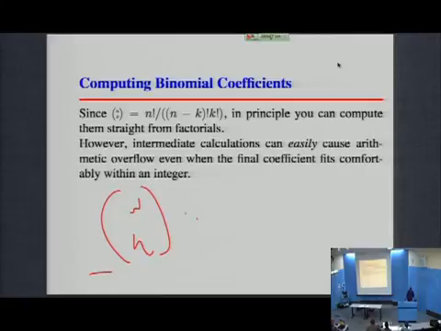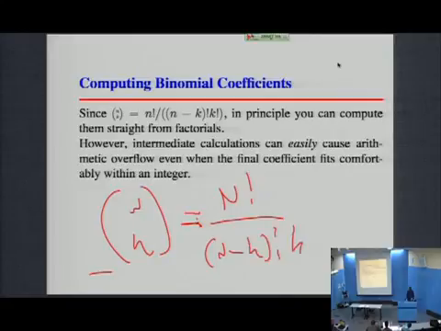What you're saying is there's a formula for it, right? And in fact, the formula is that n choose k is n factorial over n minus k factorial times k factorial. What you're saying is if I want to compute n choose k, I could use this formula. Is that correct?